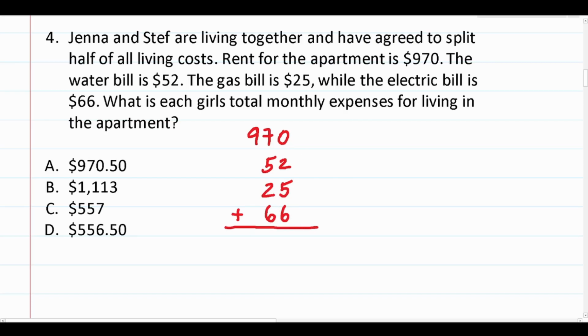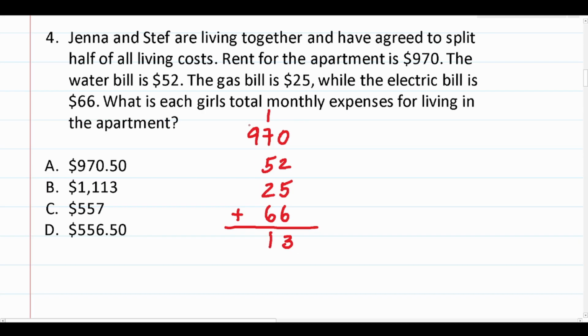We have 0 plus 2, which is 2. 5 plus 2 is, well, let's do 5 plus 6, which is 11, plus 2 is 13. So we're going to carry a 1. 7 plus 1 is 8, plus 2 is 10. 10 plus 5 plus 6, which is 11, is 21.